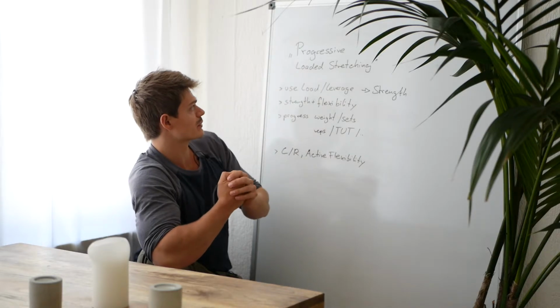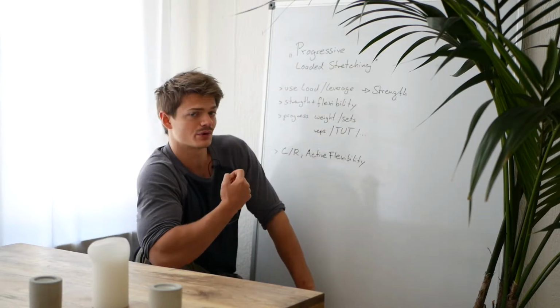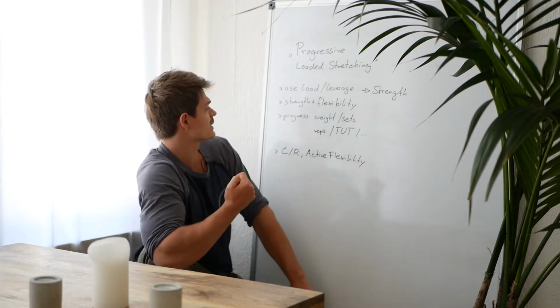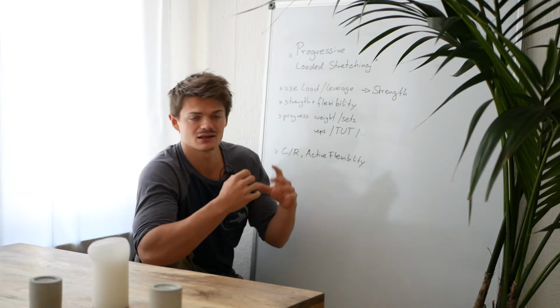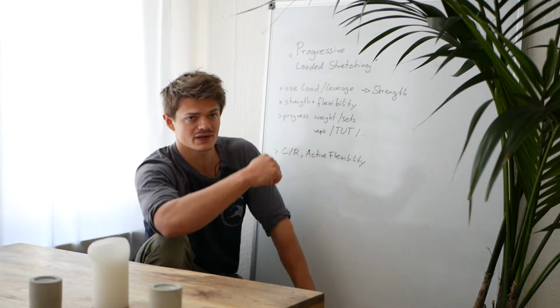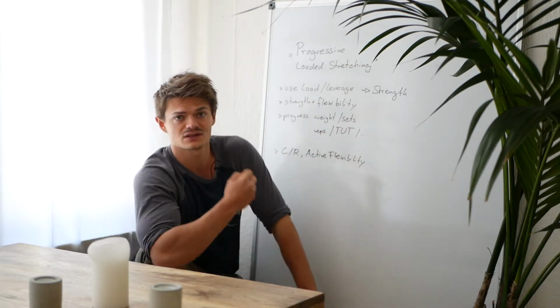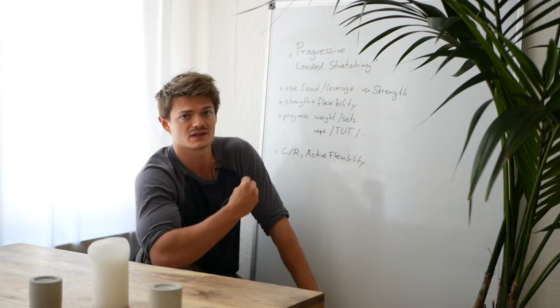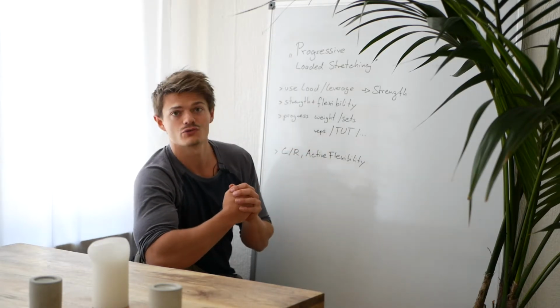The term progressive loaded stretching has the progressive in it, so you need to progress something, which could be, for example, the weight. At the first week you take 10 kilos, second week you take 15 kilos, so on and so forth. You could also progress with the sets. Instead of doing just 3 sets, next time do 4 sets. You could progress in the reps scheme.